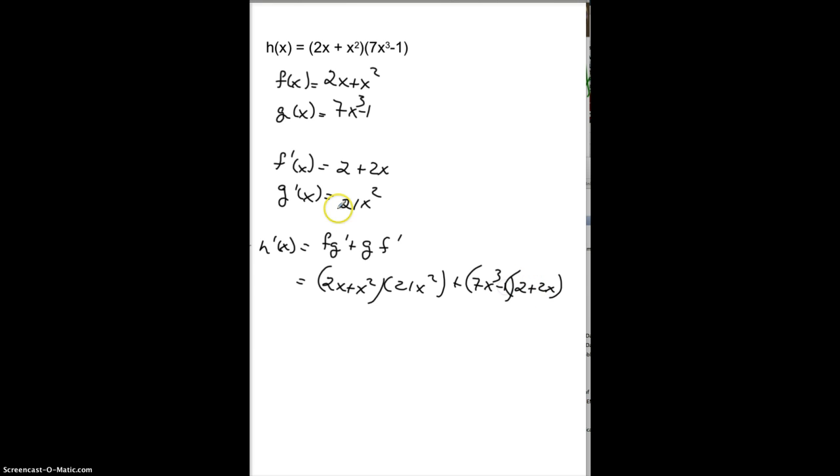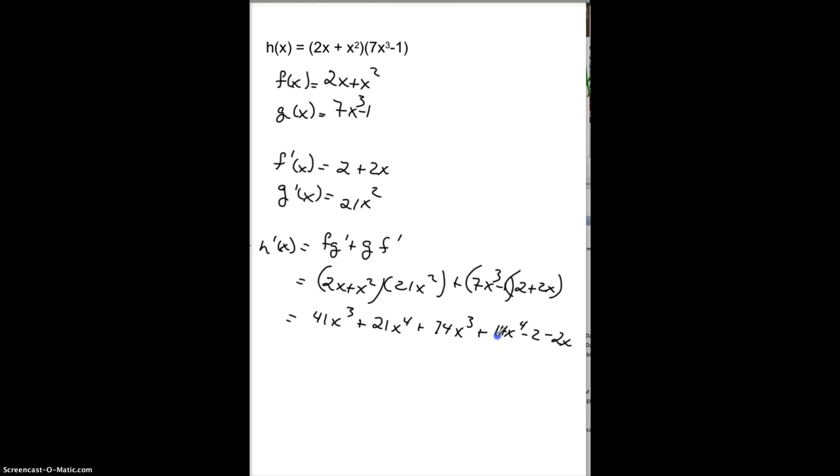Okay, now I know this doesn't seem like I'm saving you steps, but really, in the future, we will be. All right. This is a math class, so please don't leave it that way. That's 41x cubed plus 21x to the 4th plus 7 times 2 is 14x cubed plus 14x to the 4th minus 2 minus 2x.